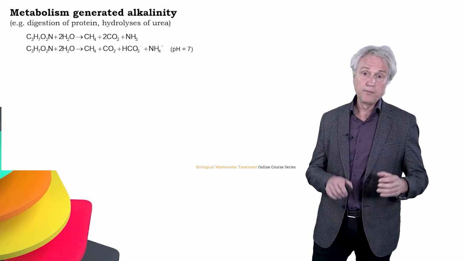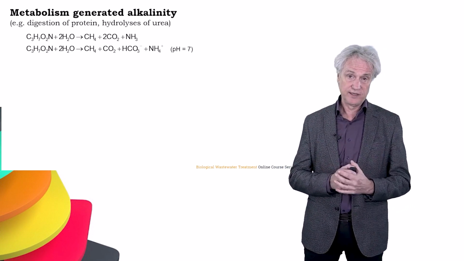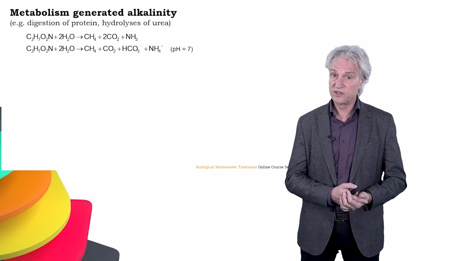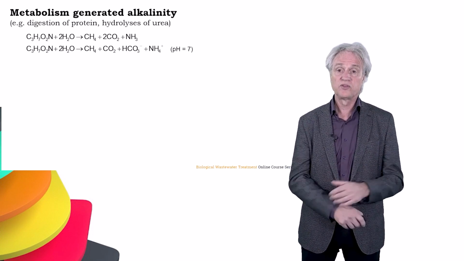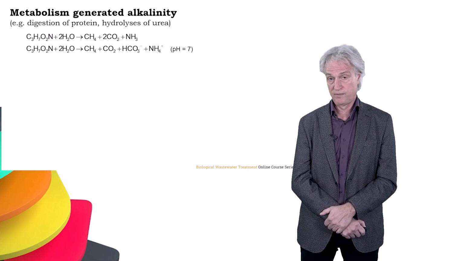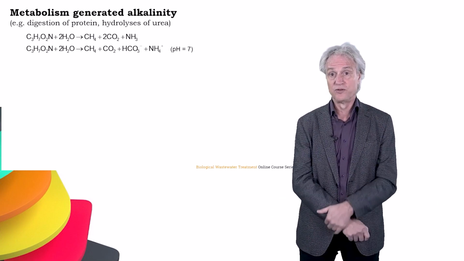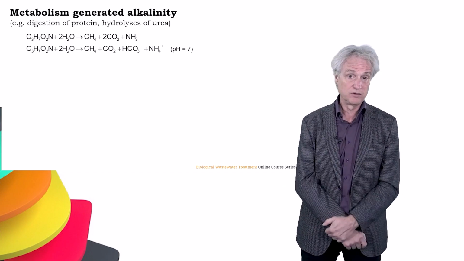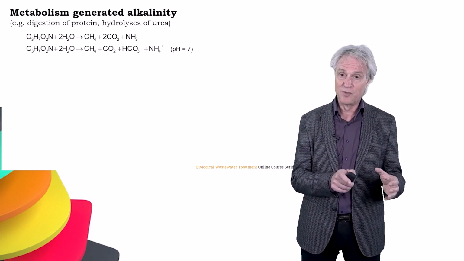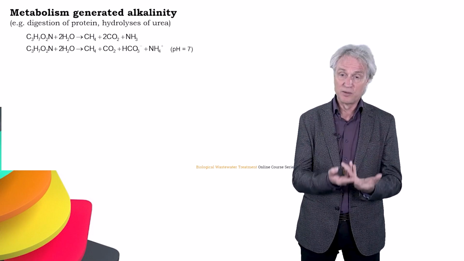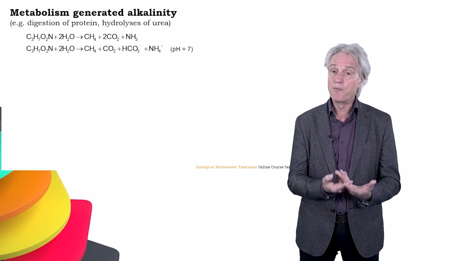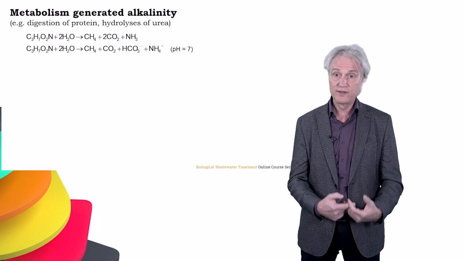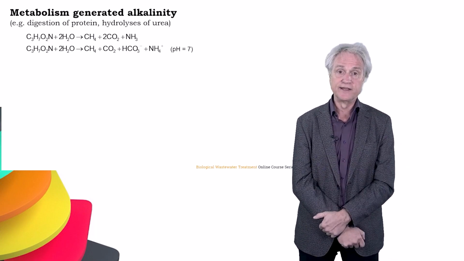And that is also a metabolism-generated alkalinity, which occurs with the digestion of proteins, but also with the hydrolysis of urea. Now, urea is a very important ammonium source in municipal sewage or in fecal matter or whatever. So the ammonium that will be set free binds CO2 to the liquid and increases the alkalinity.